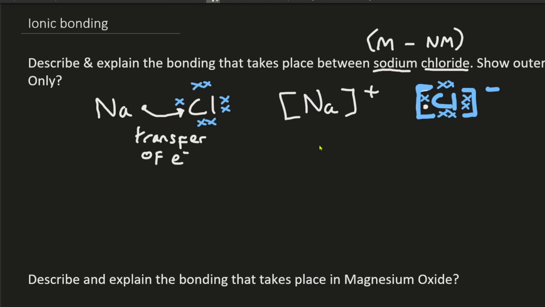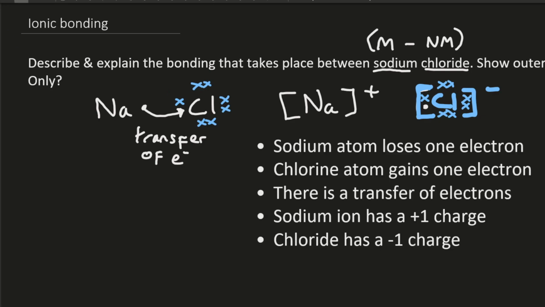Okay? So in your answer, then you need to write something along the lines of sodium atoms lose 1 electron, chlorine atoms gain 1 electron, there is a transfer of electrons, and then over here, interestingly, the atom now becomes an ion, right?